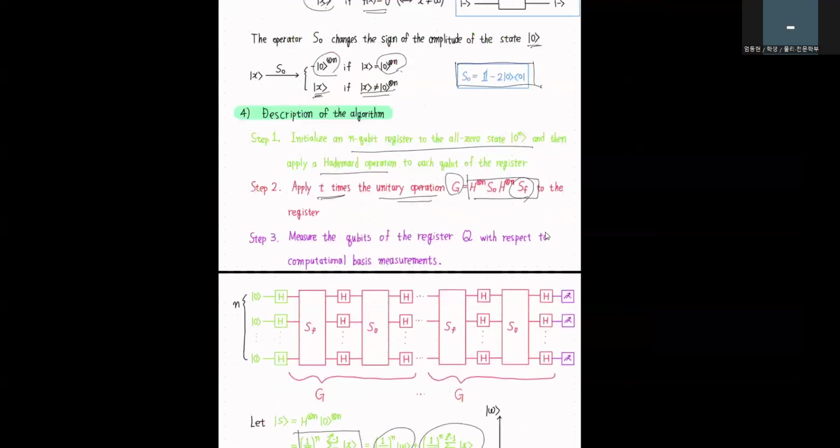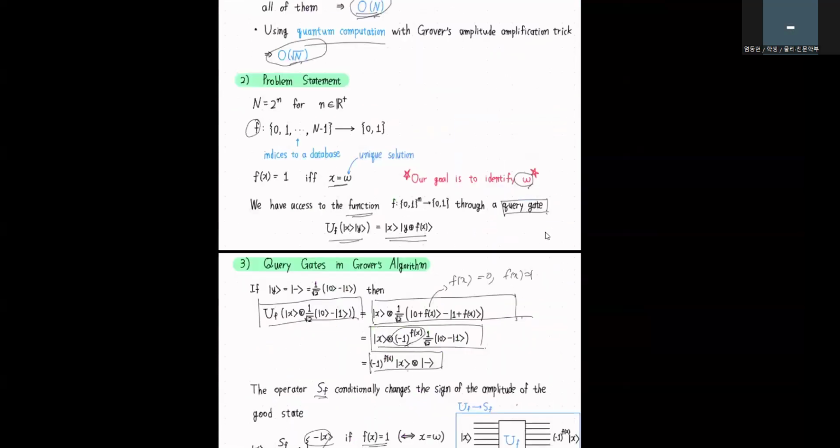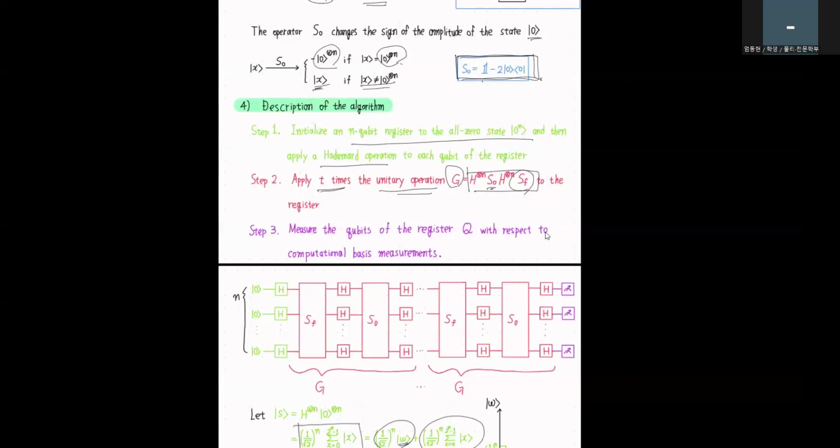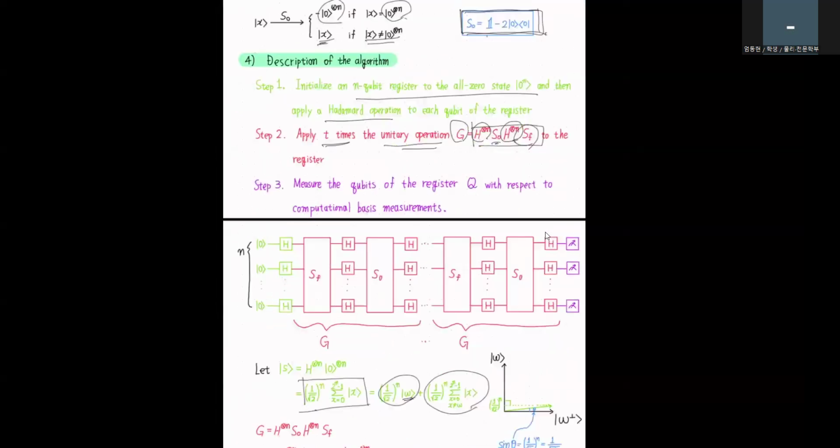Next, we apply t times the following unitary operation, which is G. G is defined by S_f, which we defined earlier, which conditionally changes the sign of the amplitude in the good state if it's a solution, and S_0, which is defined as this operator over here. And we, of course, sandwich these between these two n Hadamard gates.